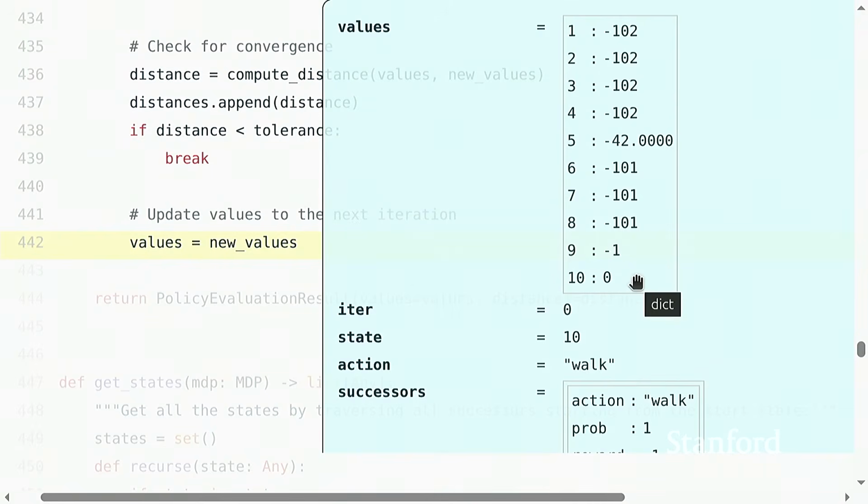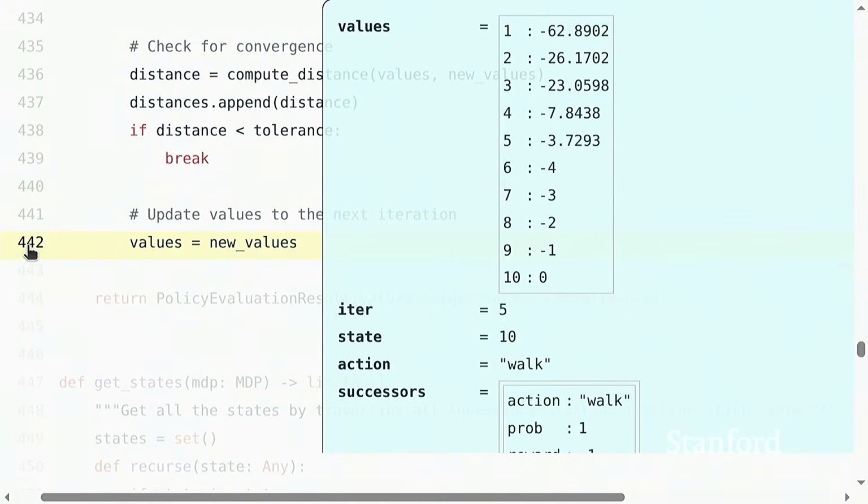If I keep on iterating this, you'll see that over time the values get updated. Notice that the ones over here are interesting because these are the ones where you can only walk, so there's no randomness here.